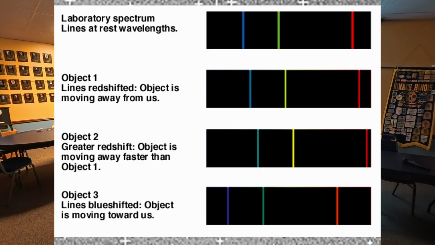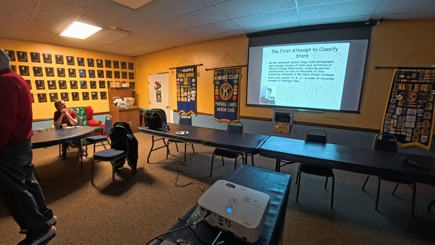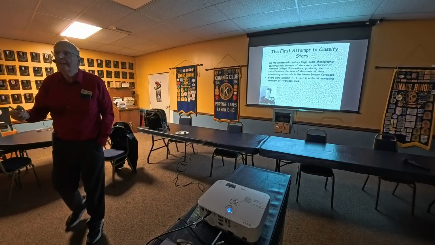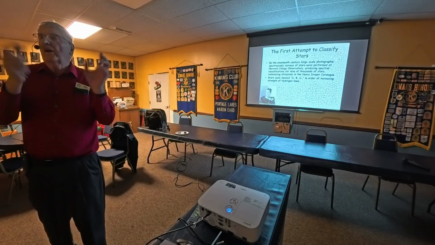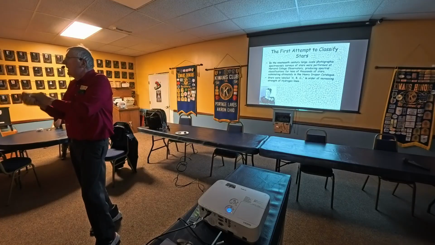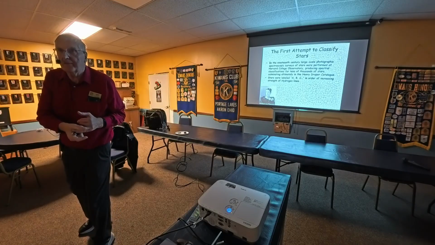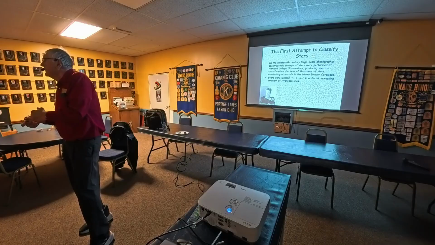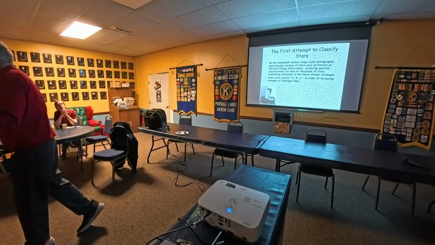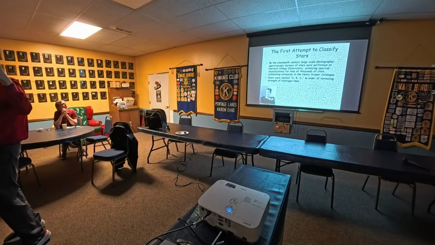Well, back in the late 1800s, and some of you may remember the talk I gave a number of years ago about the Harvard computers, dry plate photography was invented, and we understood the spectrum for the first time in the late 1800s. And so those two got combined at Harvard University under Edward Pickering, and he hired a whole group of women to analyze these photographs.